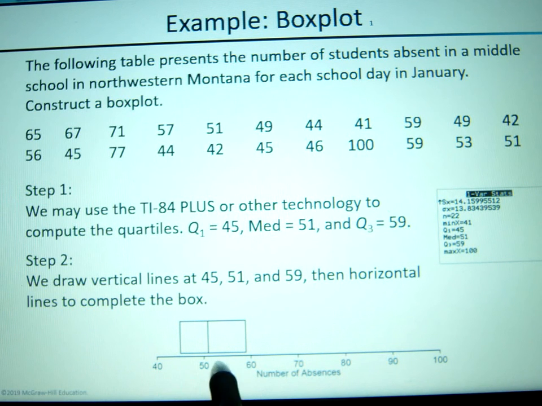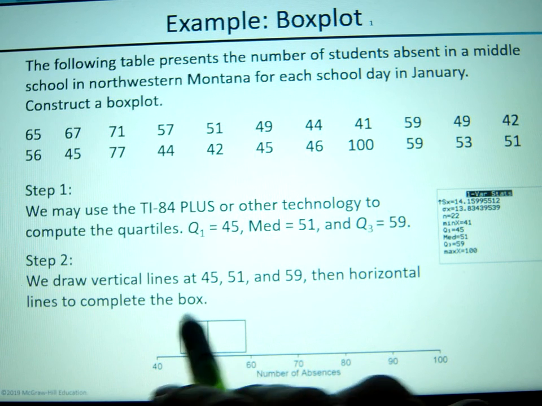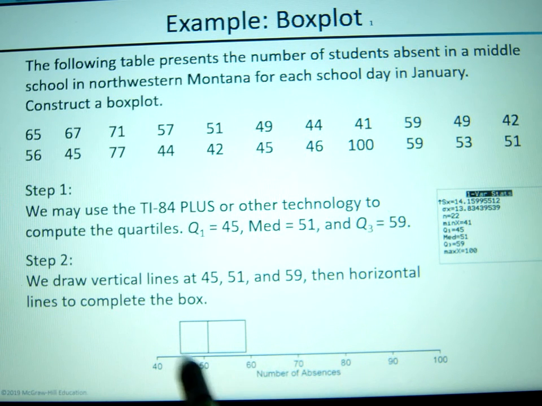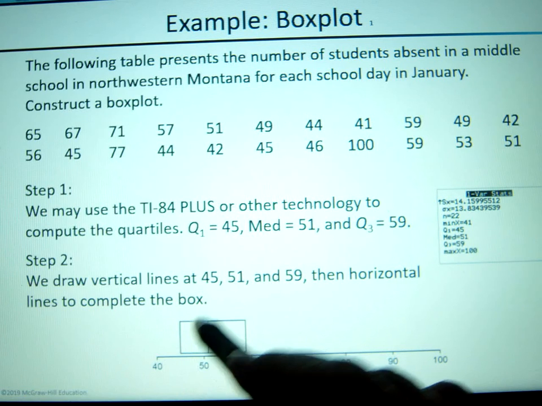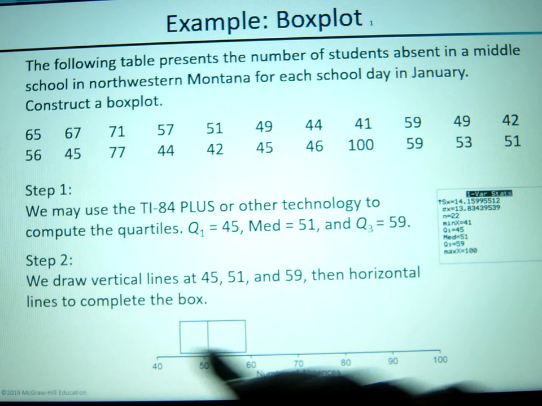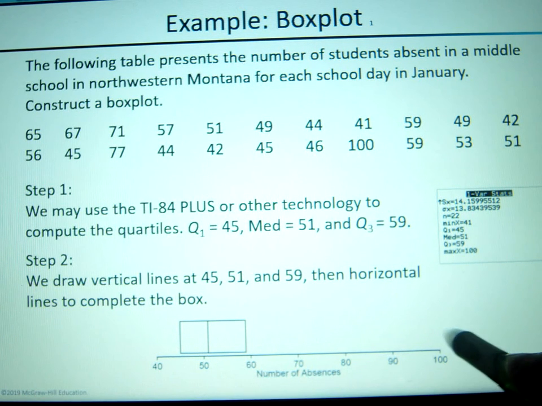Then I'm going to draw my vertical lines at my median, which is 51, at my Q1, which is 45, and at my Q3, which is 59. And then I'm going to draw a box around that. Now, if I added the whiskers, I would take it to the lowest number that I have, which my minimum is 41, so I would take a line to here, and then my maximum is 100 and take a line to here. But that depends on which kind of box plot you want to do.